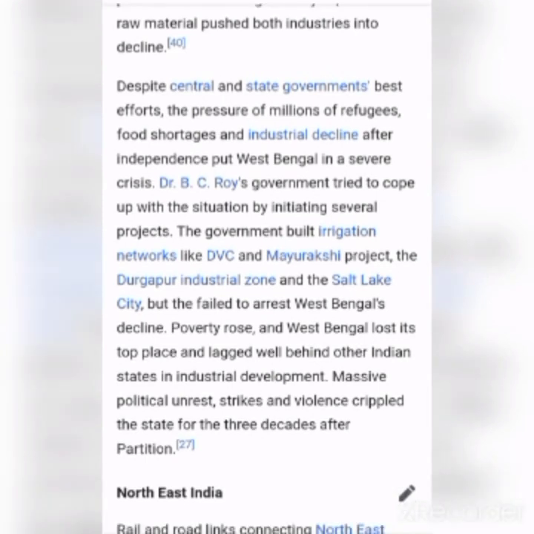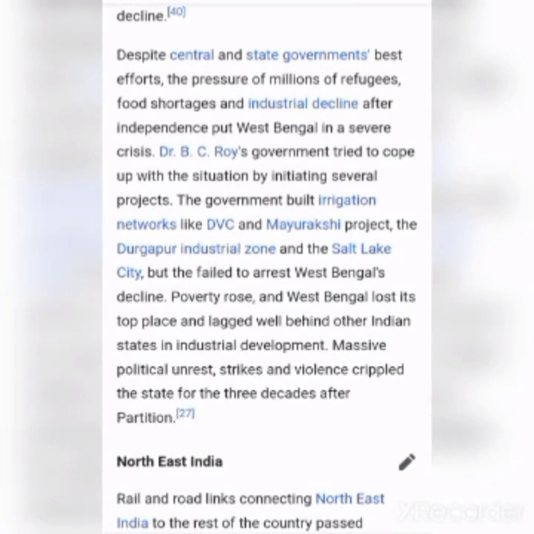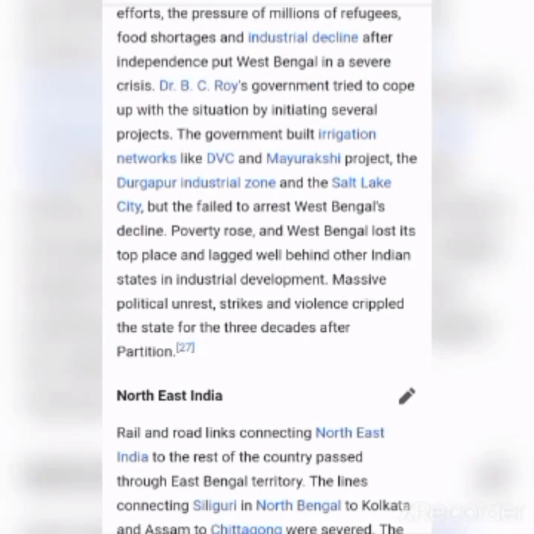The government built irrigation networks like the DVC and Mayurakshi project, the Durgapur Industrial Zone and the Salt Lake City. But they failed to arrest West Bengal's decline.